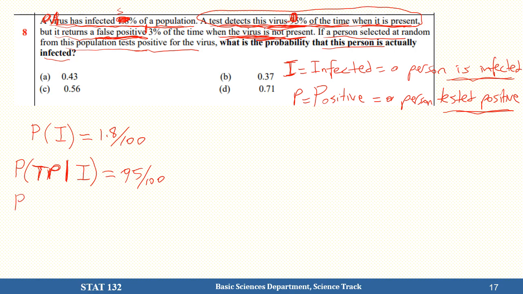And it returns a false positive 3% of the time when the virus is not present. So if someone is not infected, the test is showing positive only 3% of the time.